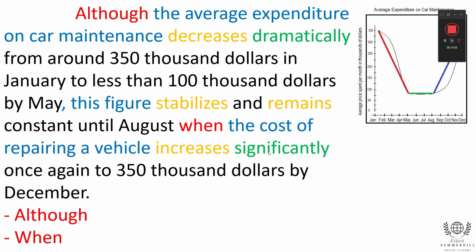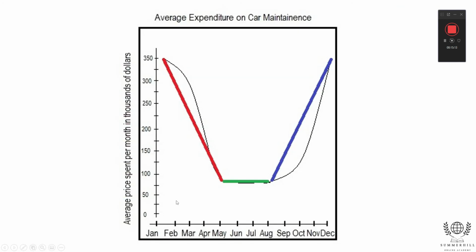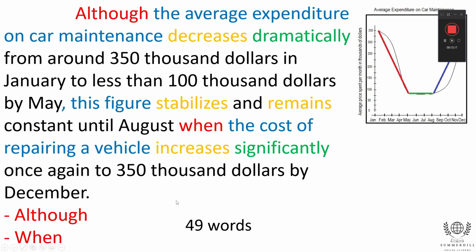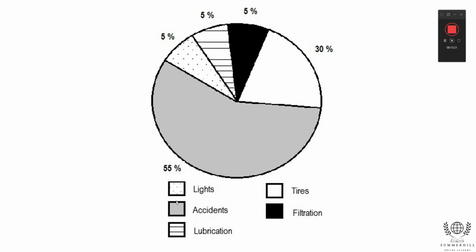We can also notice that we're using adverbs like dramatically, significantly. We can use slowly, gradually to modify those verbs. So we have just finished describing this entire trend, and we got another 49 words. So let's move on to our second chart.